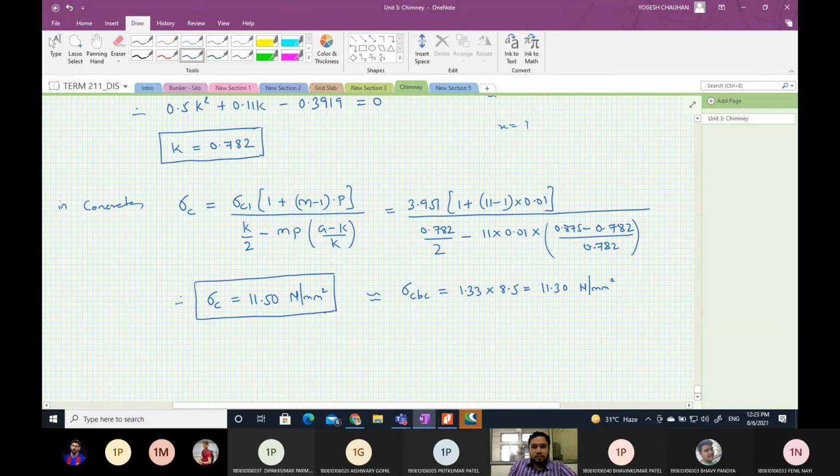The stresses are slightly increased, but we can increase the steel to get this stress within the limit. It will slightly increase the steel, it will be okay.